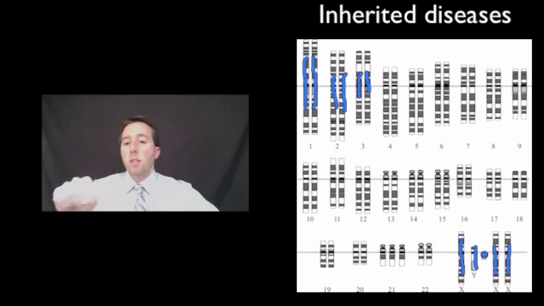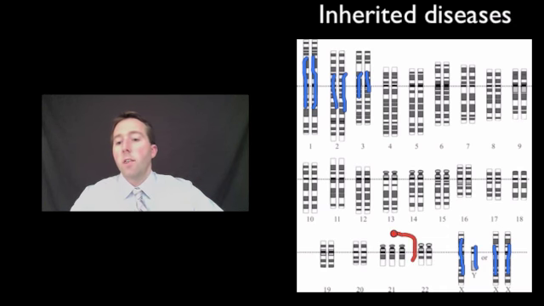So this example here of all of this DNA of an individual is not quite right. This person has a genetic disease or an inherited disease because just over here, instead of a pair, they've got 3 copies of chromosome 21.